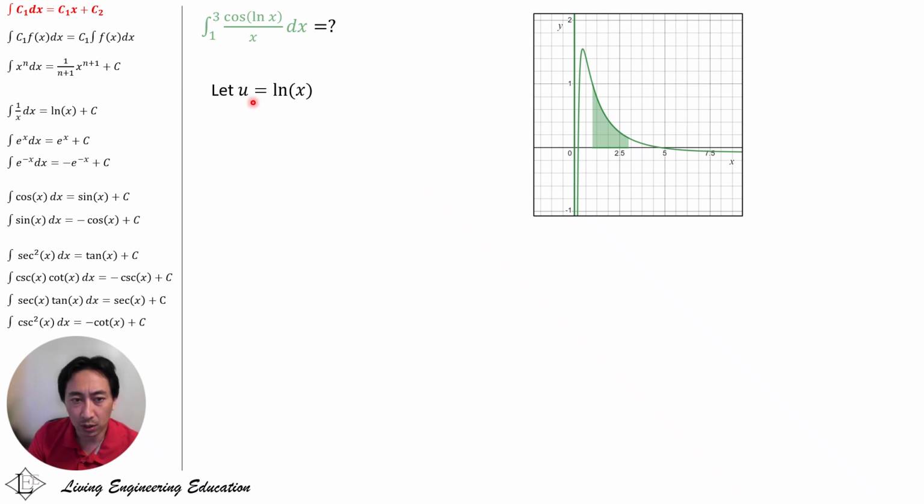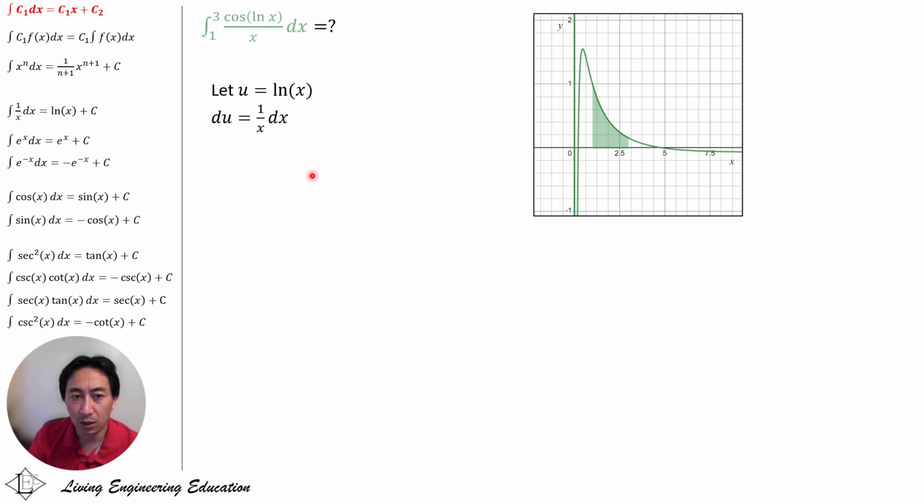So if u is equal to natural log x, do you remember what the relationship between du and dx is in this case? Well, the derivative of natural log is 1 over x, so du is equal to 1 over x dx.